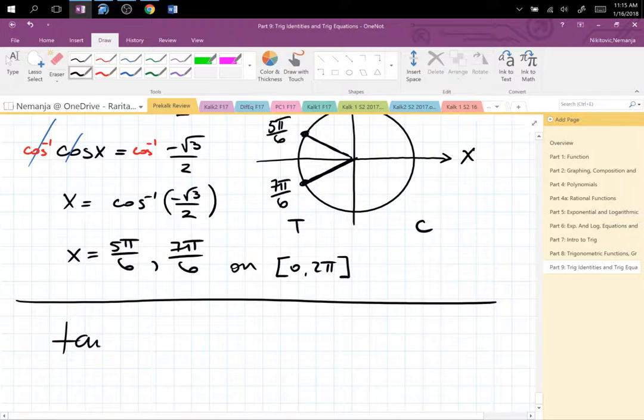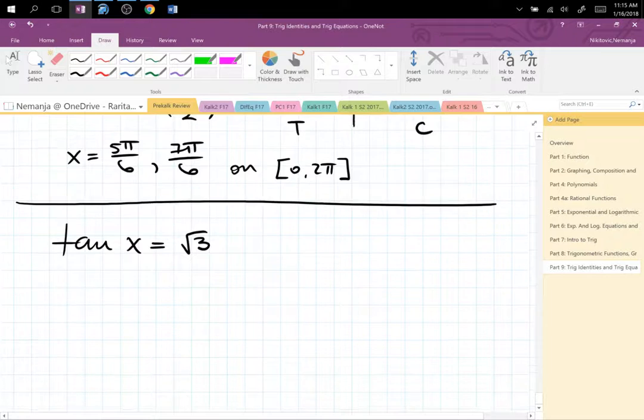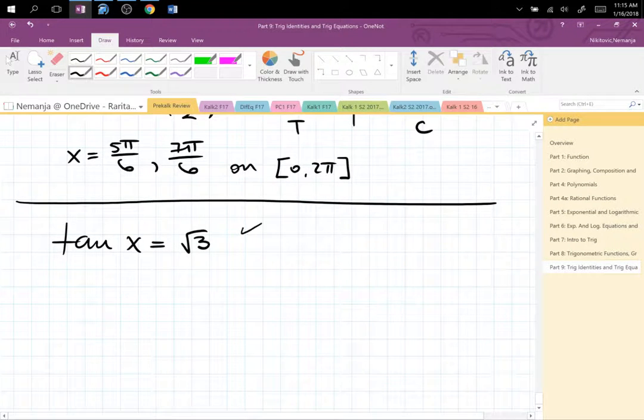Let's try tangent of x equals, let's say, positive root 3. Tangent of x equals positive root 3. Positive implies quadrants 1 and 3 for tangent. When you do all students take calculus, tangent is positive in quadrants 1 and 3.